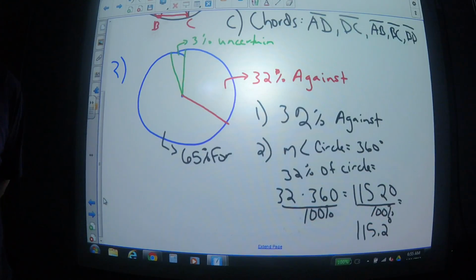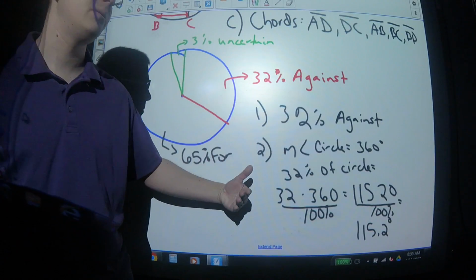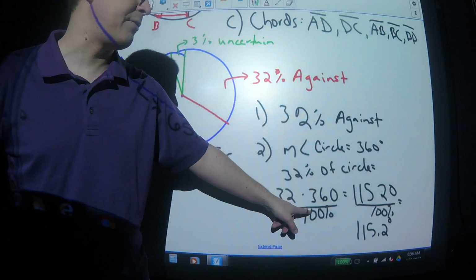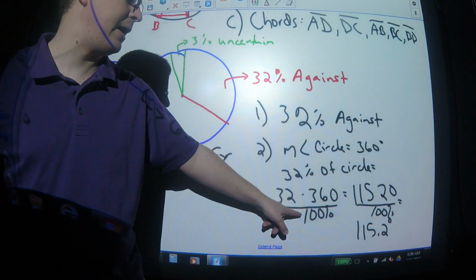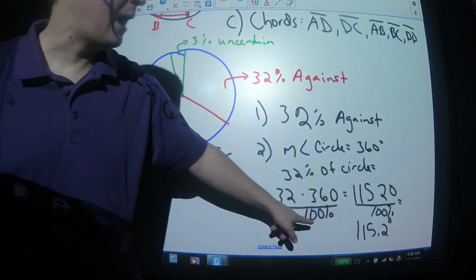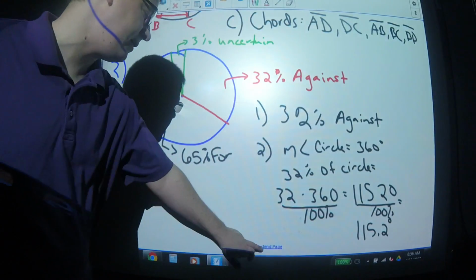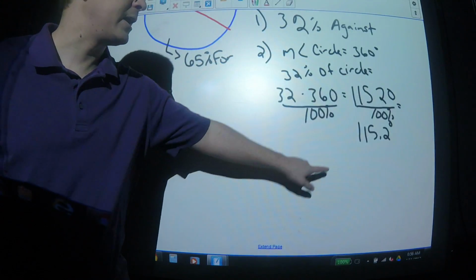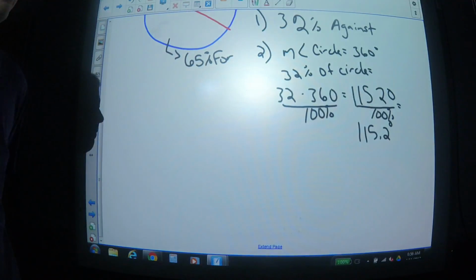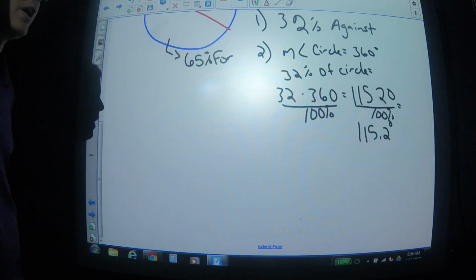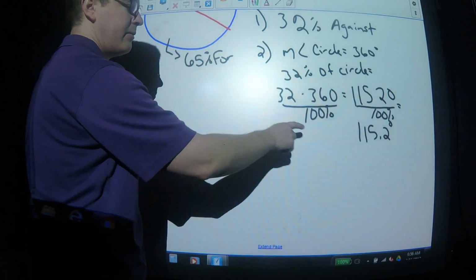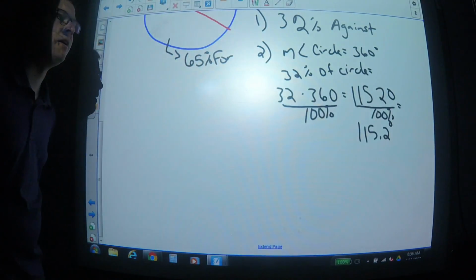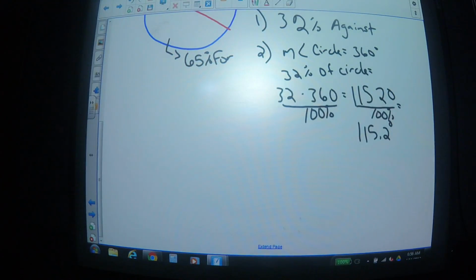But remember, that's a percent, so I need to divide by 100. So if I take 11,520% and divide by 100%, I'm going to get 115.2 degrees. So 32% of the circle is 115.2 degrees.